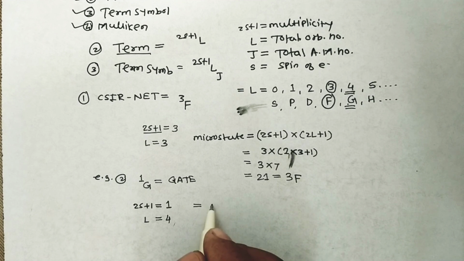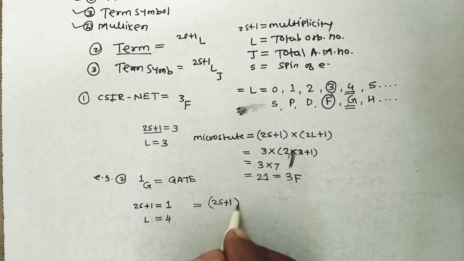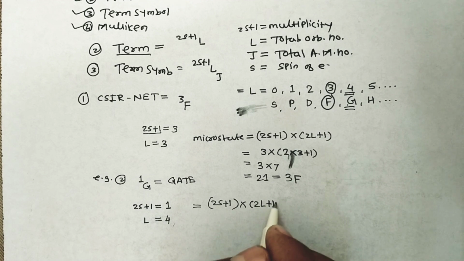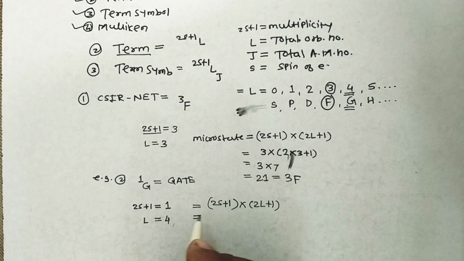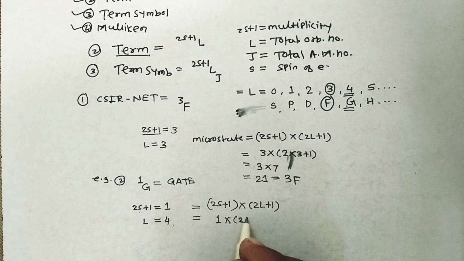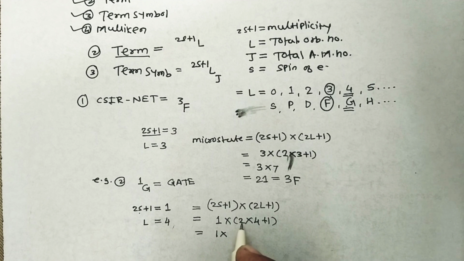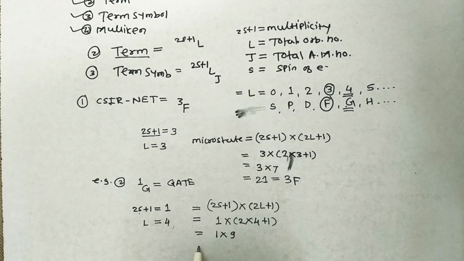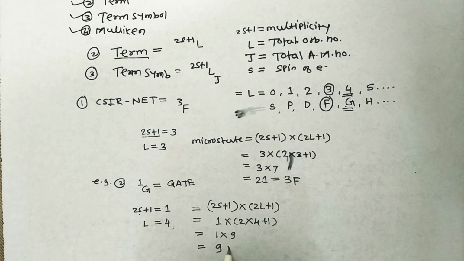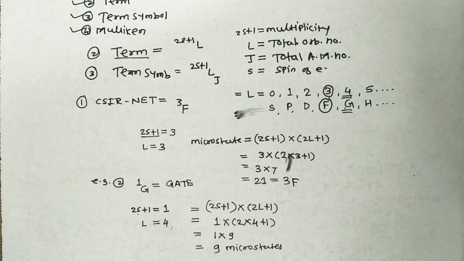Now putting the values in the formula 2S plus 1 into 2L plus 1, we get 1 into 2 into 4 plus 1, that is 1 into 9, which is 9. So for 1G term there are 9 microstates. So you can predict the microstates for any term.